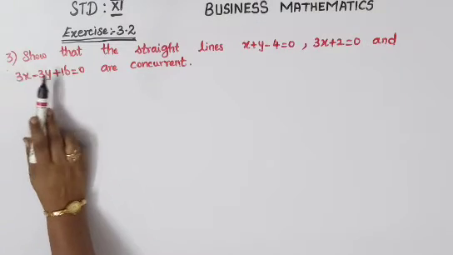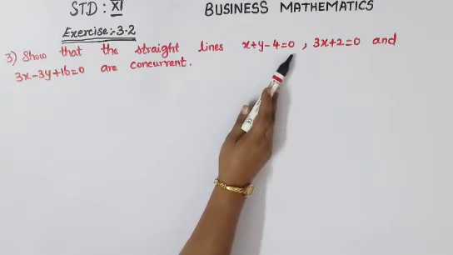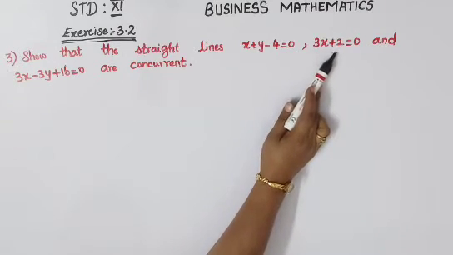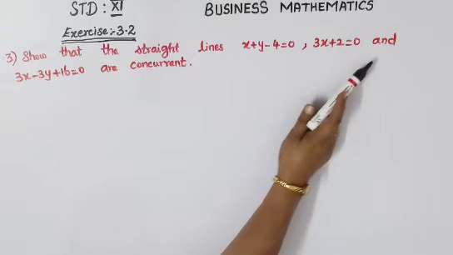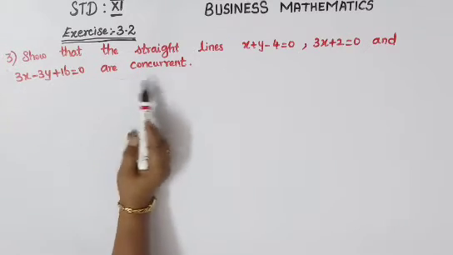Third question. Show that the straight lines x plus y minus 4 is equal to 0, 3x plus 2 is equal to 0 and 3x minus 3y plus 16 is equal to 0 are concurrent.